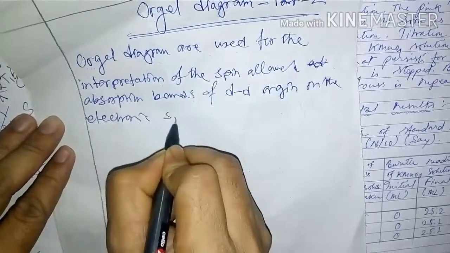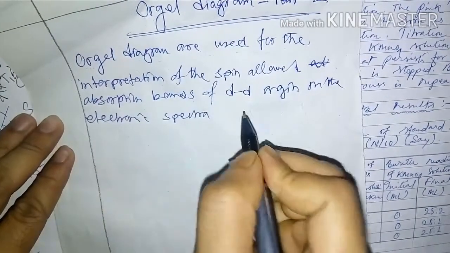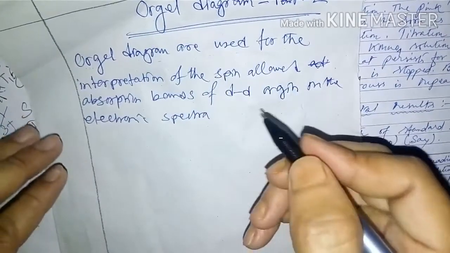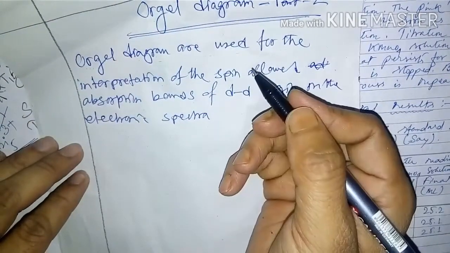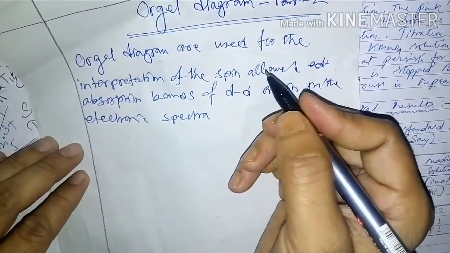So here also electronic spectra, for tetrahedral and octahedral transition metal complexes.